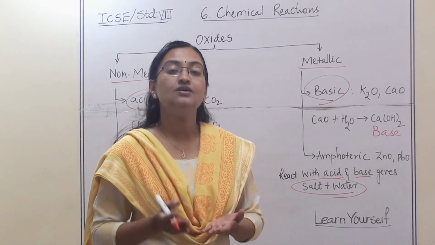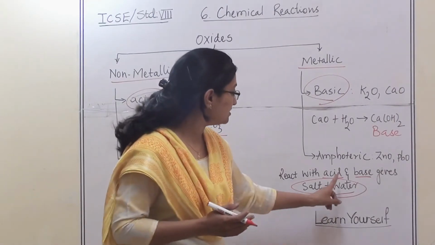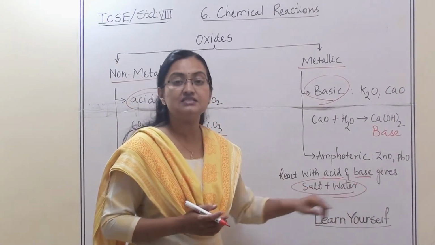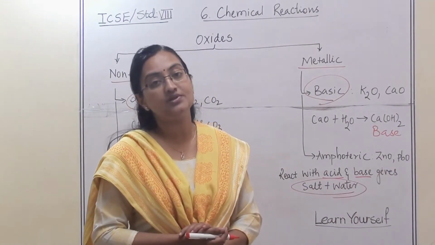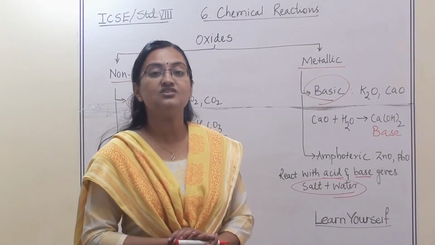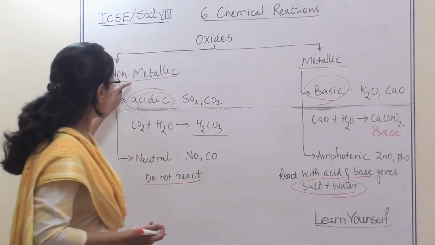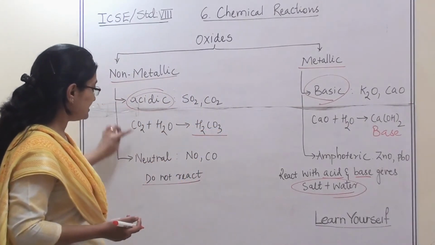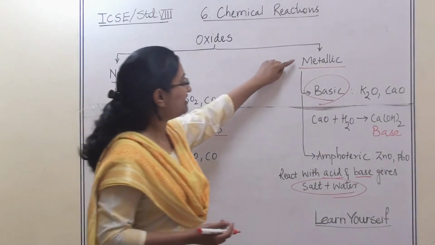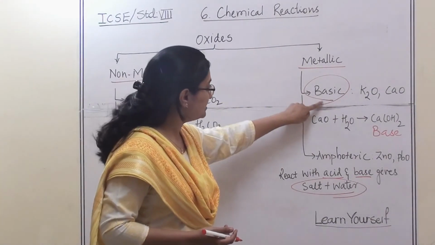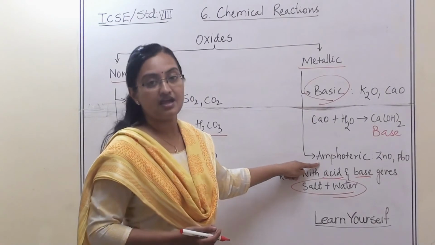The oxide, when it reacts with acid and base, gives us salt plus water. Then its nature is known as amphoteric oxide. So in non-metallic oxides there are two types, acidic and neutral, and in metallic oxides there are two types, basic oxide and amphoteric oxide.